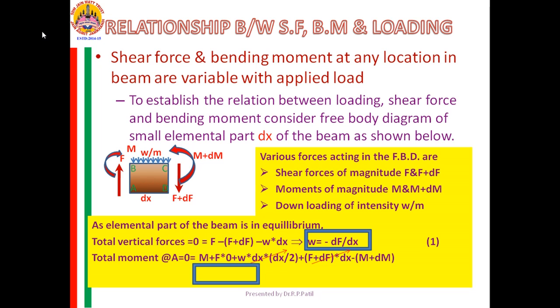One is M here, next is F into dx, and here minus M minus dM. Therefore that M and M will cancel out. Left out here is dM minus, plus dF into dx. Rest all terms will cancel. And if you simplify it, you are going to get F is equal to dM by dx.